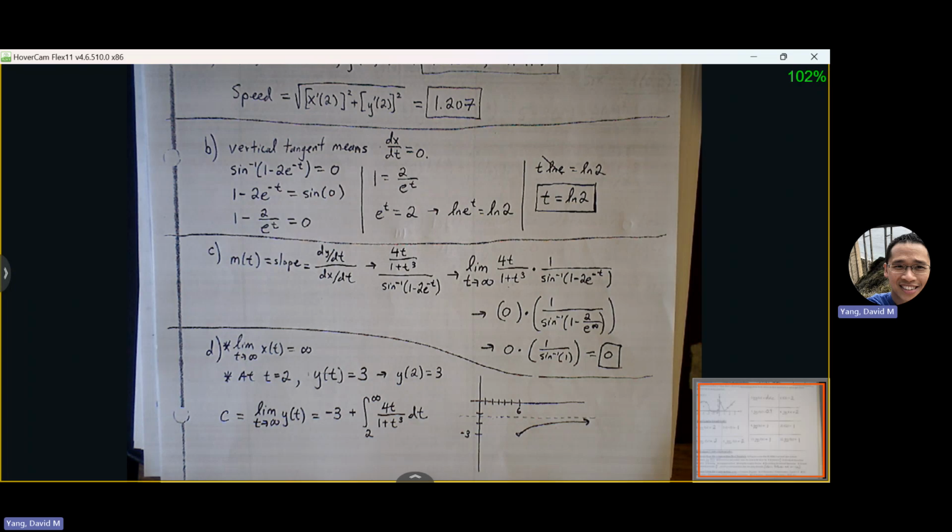We know that at 2, the y value is -3. So then how far it rises is going to be the integral from 2 to infinity of my dy dt, right? That will accumulate all the rates of increase, and it will allow us to see the path of that vertical rise of my y value.